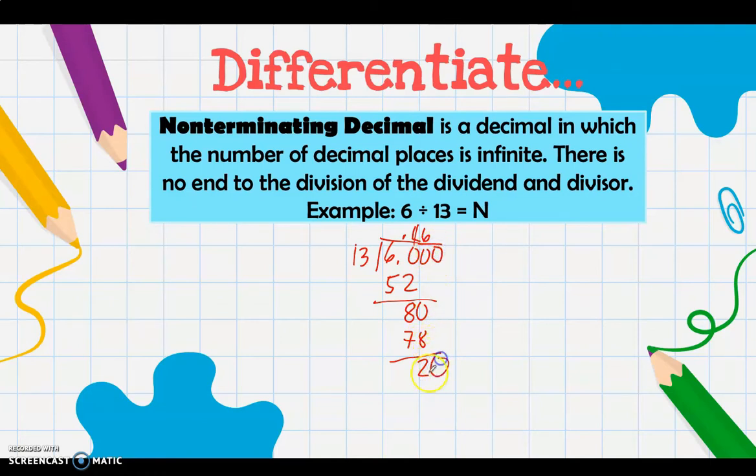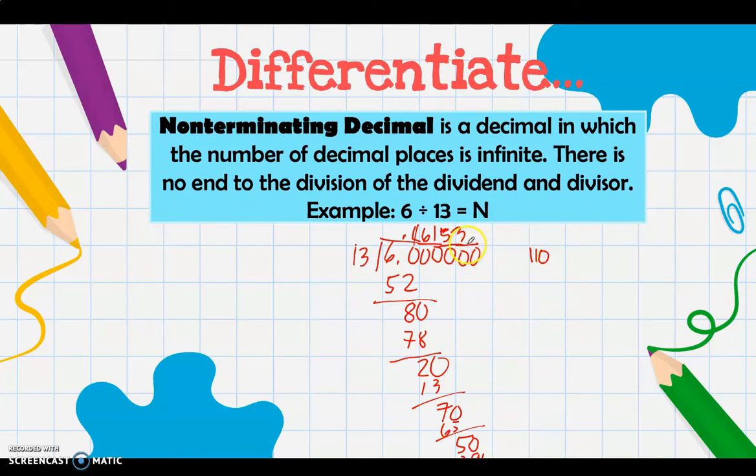Bring down 20 divided by 13 is 1, 13, 7, add another 0, we have 5, okay, and that is 65, then another 5, add another 0 here, then bring down and then you divide again, we have 3, that is 9, 39, 50 minus 39 is 11. Then add another 0 here as a continuation.